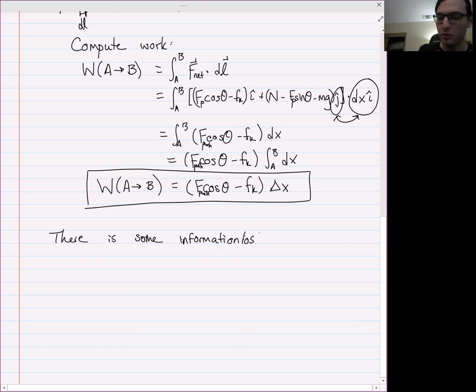Information loss. And what I mean by that is we don't learn anything about the direction of motion. We learn nothing about the direction or duration.